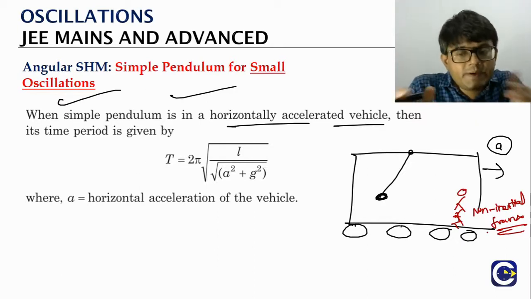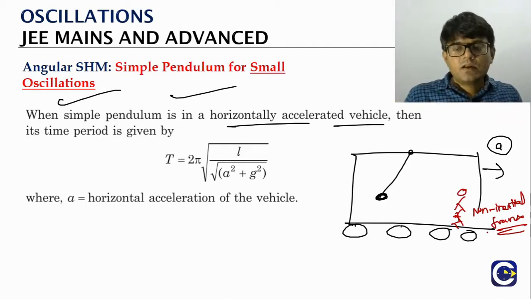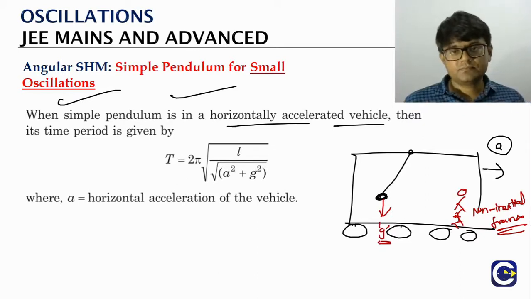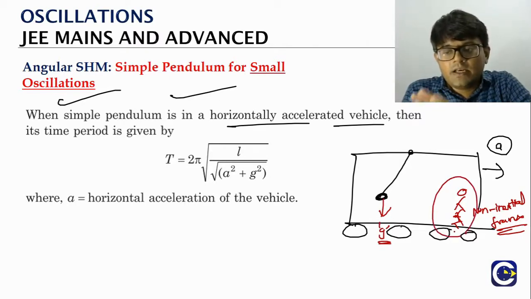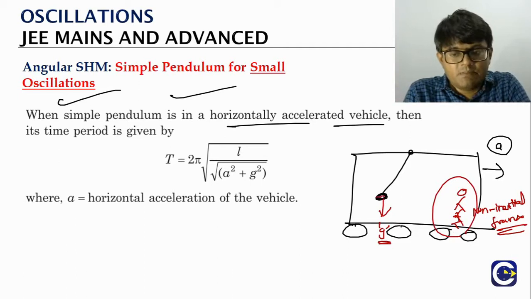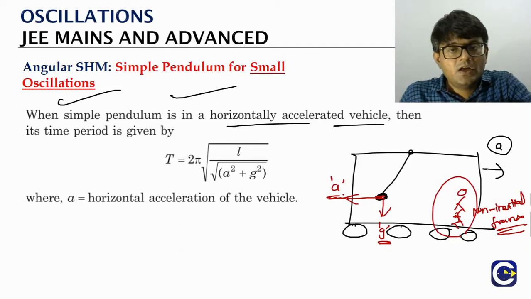Now, with respect to the observer, the pendulum bob will have an acceleration due to gravity which is g down. For every non-inertial frame, we will use the concept of pseudo acceleration. The non-inertial frame is moving to the right side, so whatever the non-inertial frame is observing, here it is observing the bob, we will have to assign a pseudo acceleration for the object.